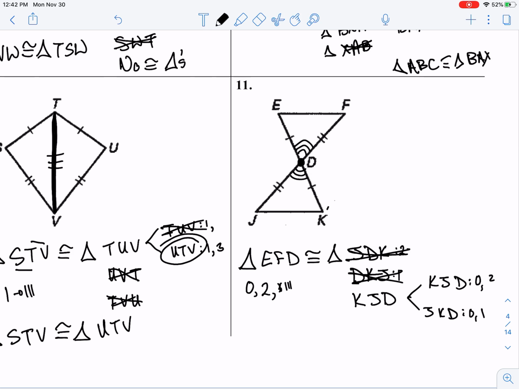Because that's different, I know it is wrong. All right, and then my angle at the end has 3. So my angle at the end has 3, and that's what I want. So triangle EFD is congruent to triangle KJD.